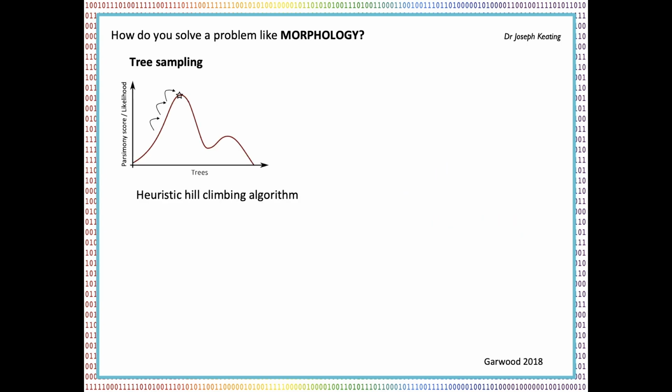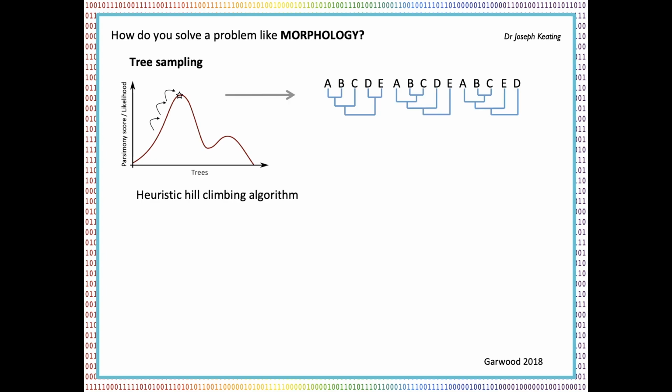Clearly, we cannot measure the parsimony or likelihood score of every unrooted tree, so instead we need to sample tree space using algorithms. Parsimony analyses typically utilise heuristic hill climbing algorithms, which tend to sample one or a few most parsimonious trees.